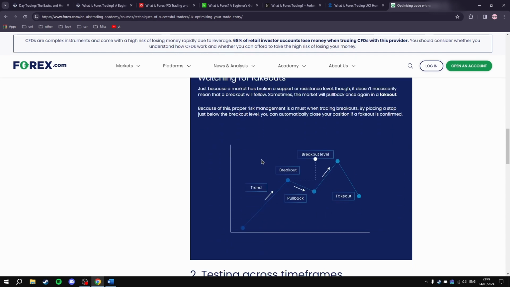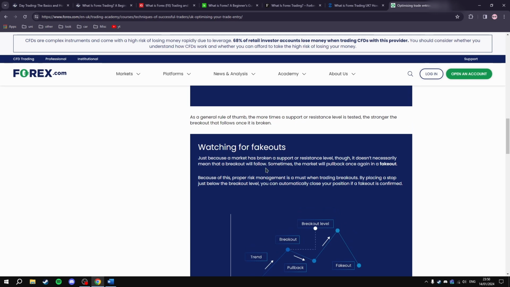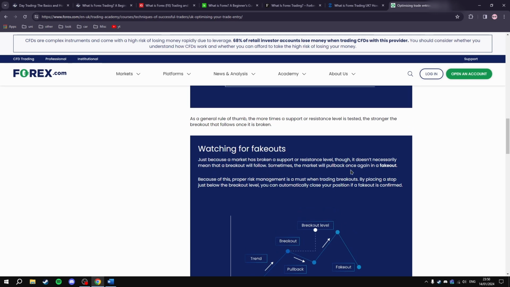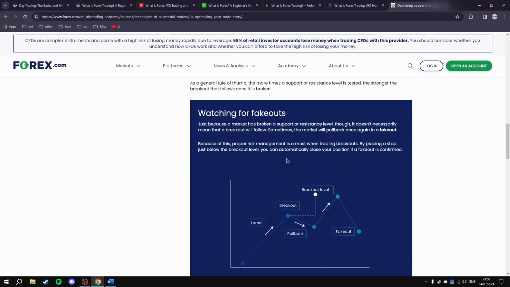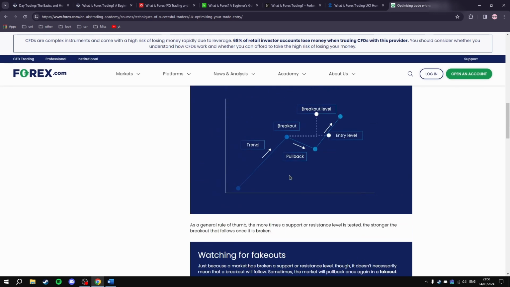Watching for fake outs. The pullback, you start entry here, and it goes back down. Just because the market has broken a support or resistance level, though, it doesn't necessarily mean a breakout will follow. Sometimes the market will pull back once again in a fake out. Because of this, proper risk management is a must when trading breakouts. By placing a stop just below the breakout level, you can automatically close your position if a fake out is confirmed.